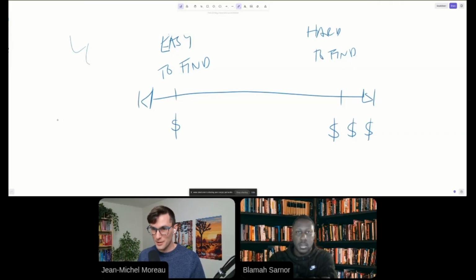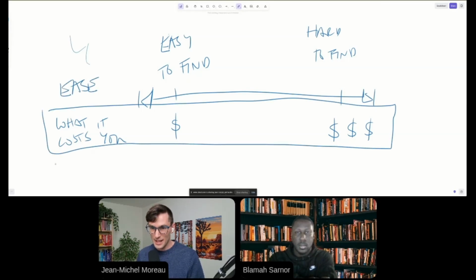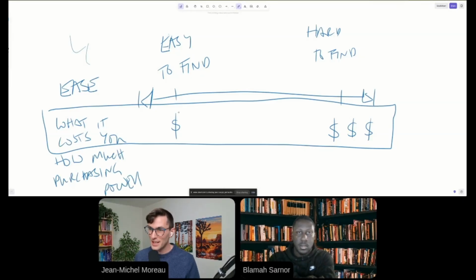So this is the column of what it costs you, this is ease, and this is how much money they have, how much purchasing power. And it's totally reversed. If people are easy to find, it doesn't cost you anything, and they don't have any money. If they're very hard to find, they have a lot of money.